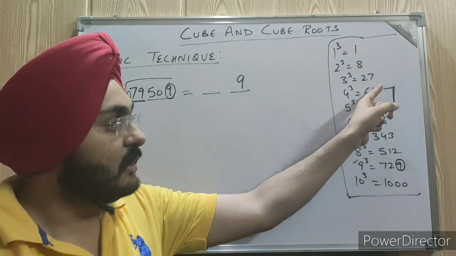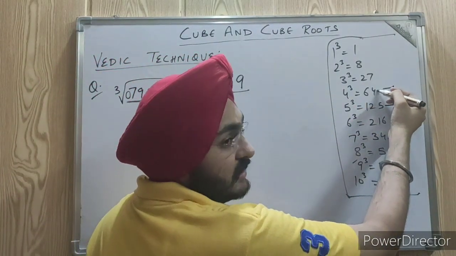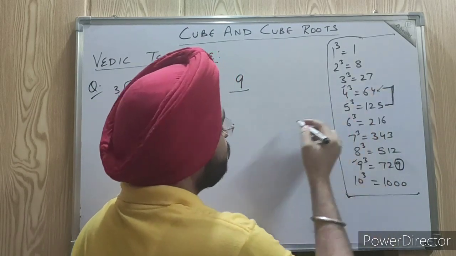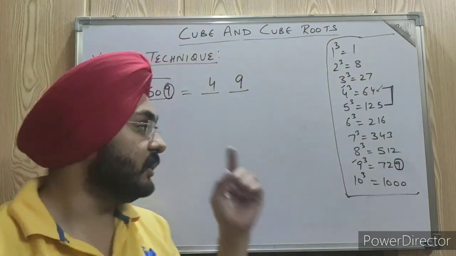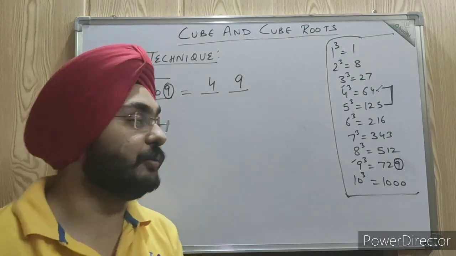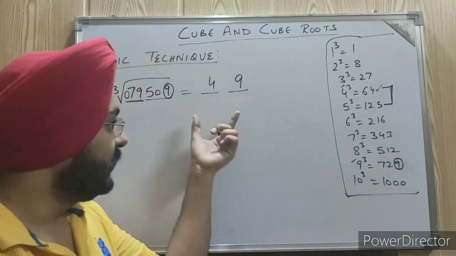Which one is smaller? 64. Whose cube is this? This is the cube of 4. So I will write this 4 here. So the cube root of 79509 is 49. I hope this is clear.